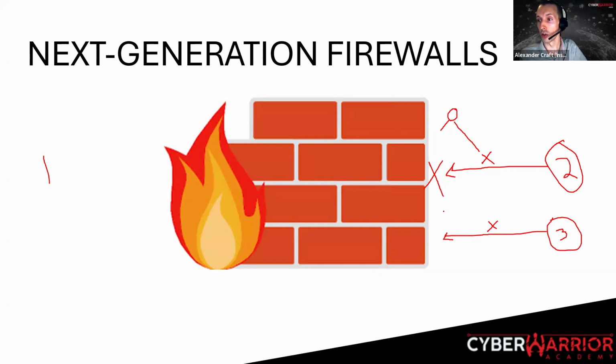Something with intrusion prevention would not be able to do it, but something with threat intelligence would look at it and say, okay, it's not exactly matching anything I've seen before, but it is similar to something in my database that I know is not good. So I'm going to make an assertion that although it's not exactly the same, it is similar enough that I have to block this connection as well. I'm not going to let this kind of communication continue on our network. So threat intelligence is really good.